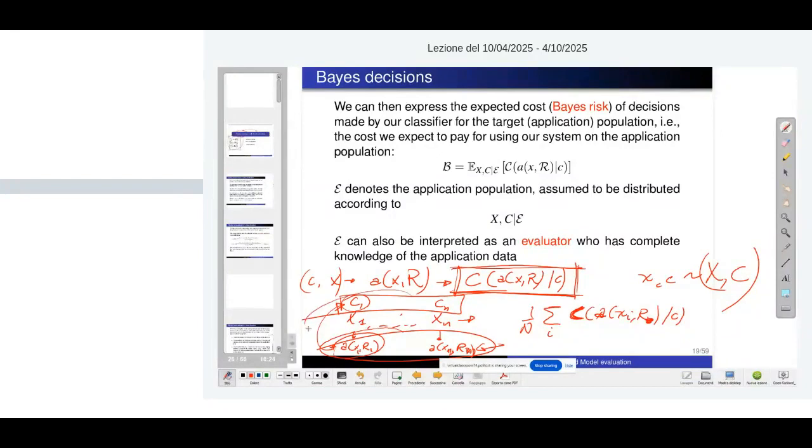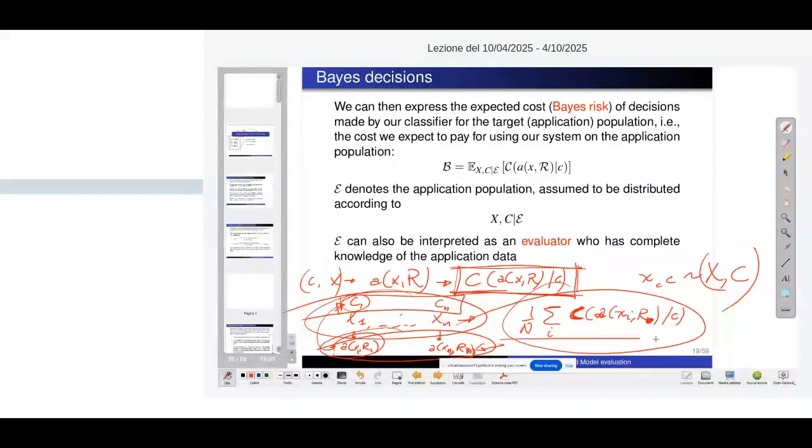Not only that, we don't even know the application data in advance, but we want a method that tells us how good the classifier would be on application data. So we define a metric that we will not be able to measure, and then we will see how to use an evaluation set to approximate the metric, but we can, in any case, define the metric.